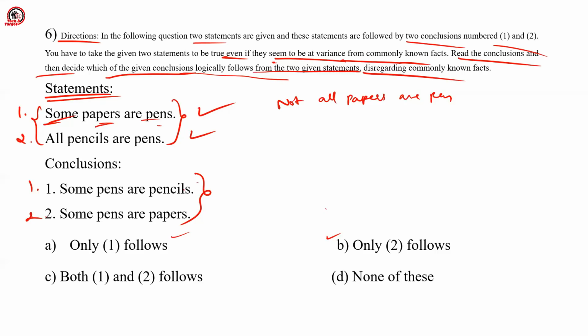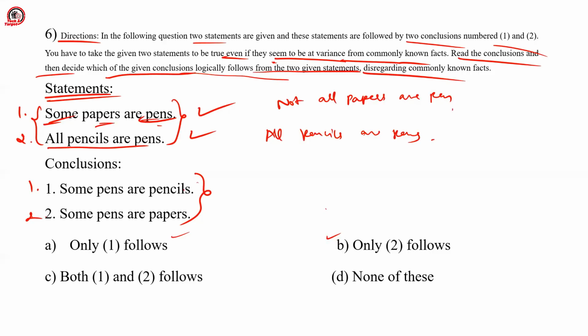So this is the statement that we have now. What is the next statement? The next statement is: all pencils are pens, right? Now what is this? All pencils are pens. So what they're telling is, if there is any pencil, then it is definitely a pen.